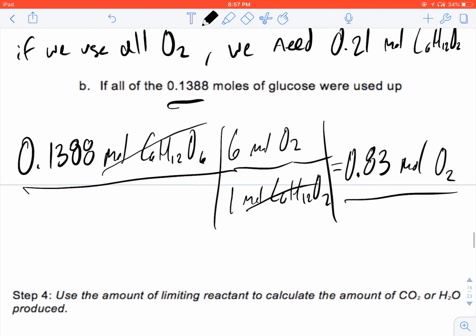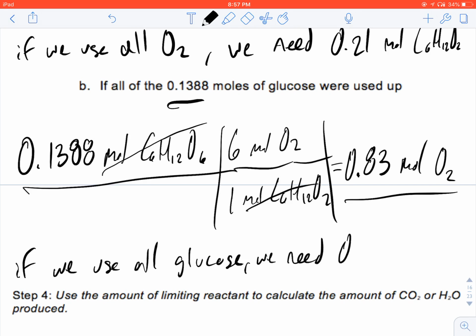And in the second equation, what we found out, let me keep the same language, is if we use all of our glucose, we need 0.83 moles of O2.